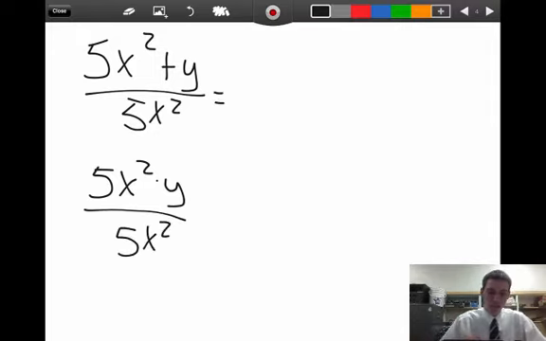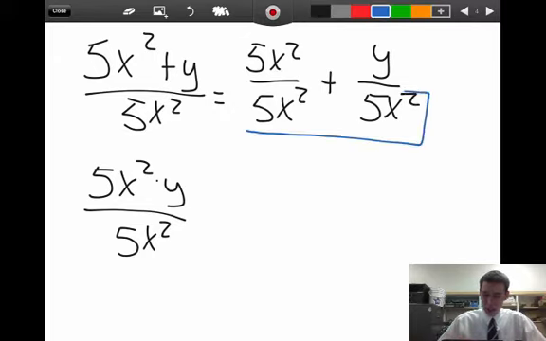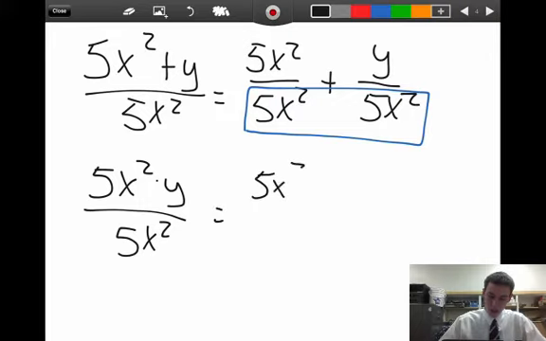Well, up here, I rewrite this as 5x squared divided by 5x squared plus y divided by 5x squared, because when we add, we have to have the same thing in the denominator in order to add things. But this is not the case in multiplication. In multiplication, this equals 5x squared times y divided by 1.